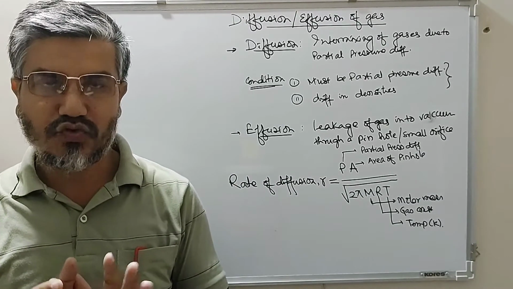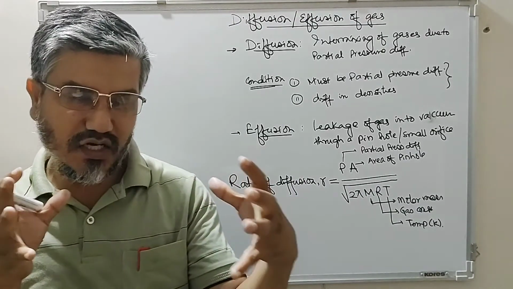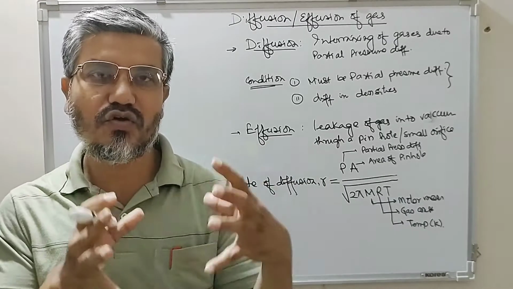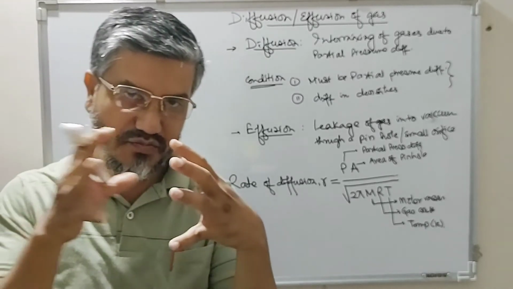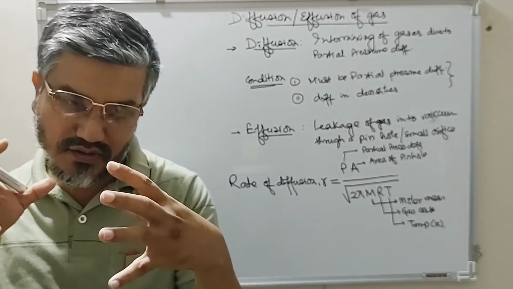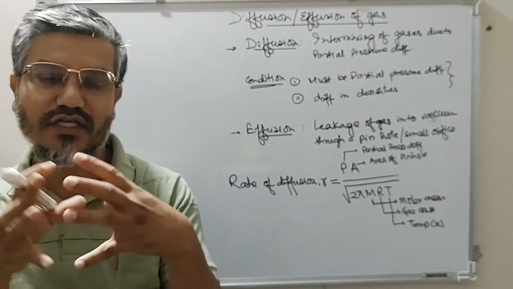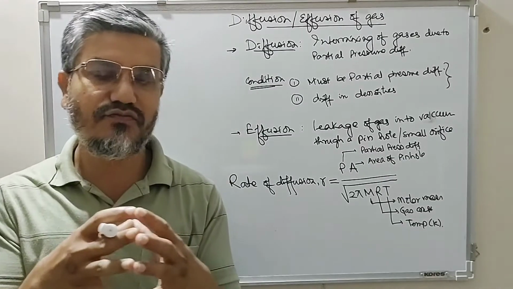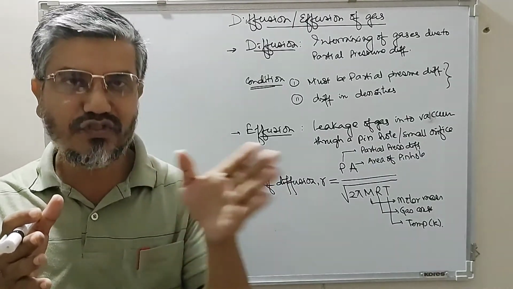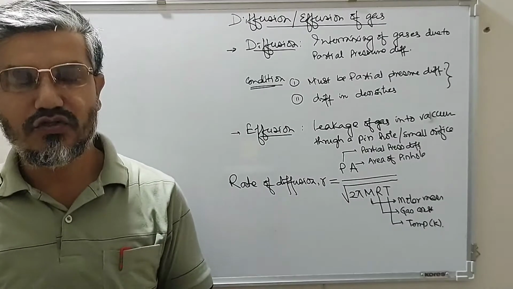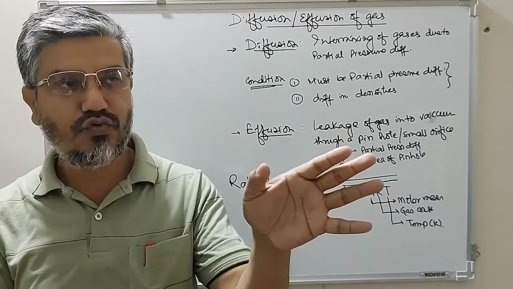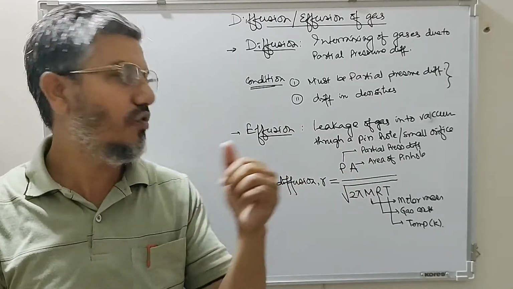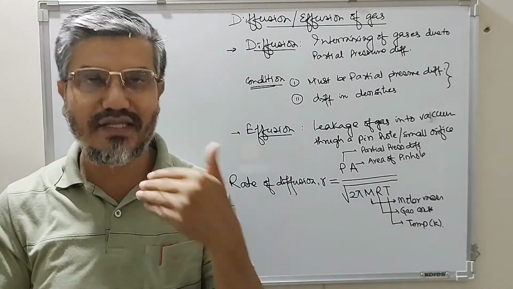Is it clear? As the molecules undergo a large number of intermolecular collisions because of this faster movement, the more the gas undergoes collision, the less orientation it will have for passing through this small pinhole. So the number of molecules passing through this pinhole of area A will be less.